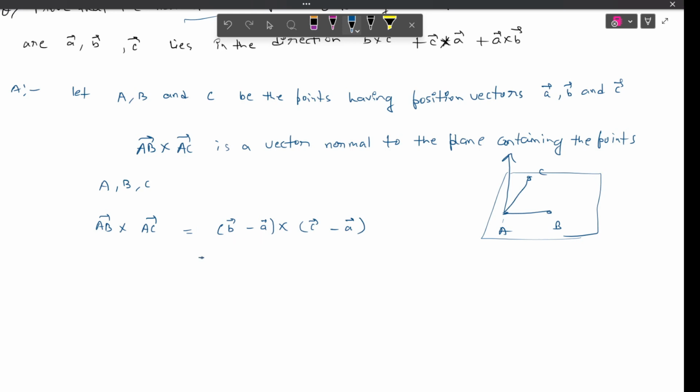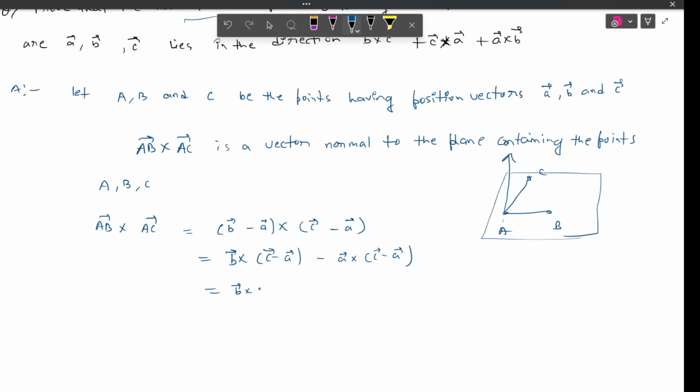Now by distributive property we can say B cross C minus A minus A cross C minus A, but then distribute it again.